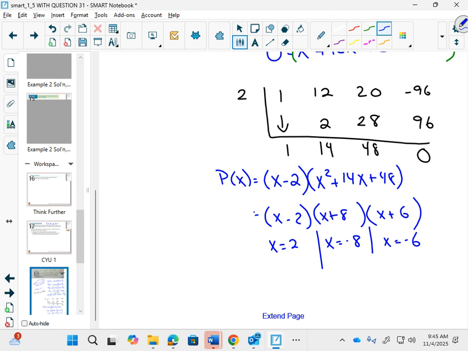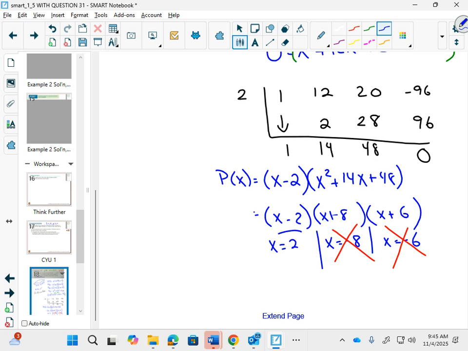And we actually get 3 answers that would work: x equals 2, x equals -8, and x equals -6. What's the problem with -8 and -6? x can't be negative. In real life, these don't make sense. So in actuality, the only answer is x equals 2.